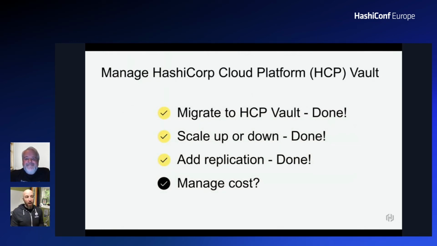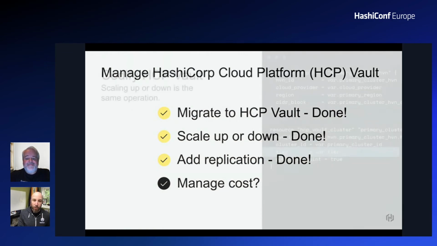All right, so far with maybe 20 lines of Terraform or so, you've scaled up your cluster, you've added replication, and you've added path filters. So in HCP using Terraform, this is a very easy thing to manage.